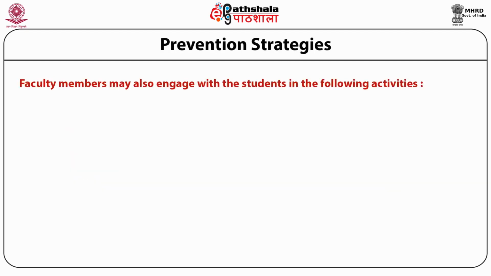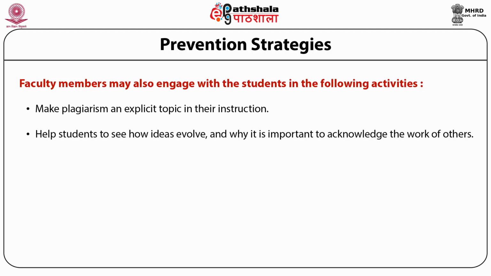Faculty members may also engage with the students in the following activities. Make plagiarism an explicit topic in their instruction. Help students to see how ideas evolve and why it is important to acknowledge the work of others, that is, citations and referencing.